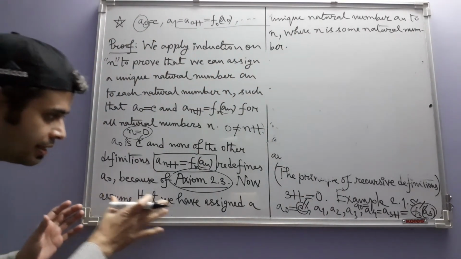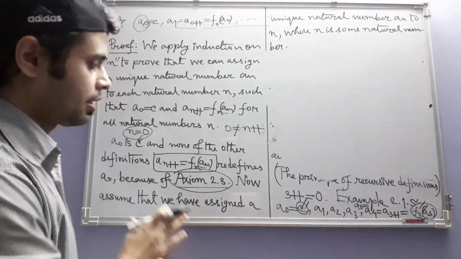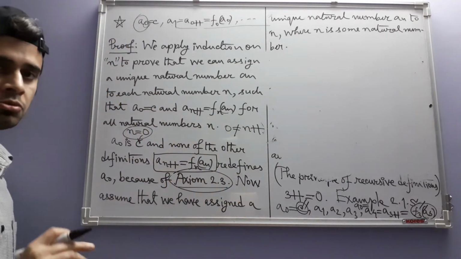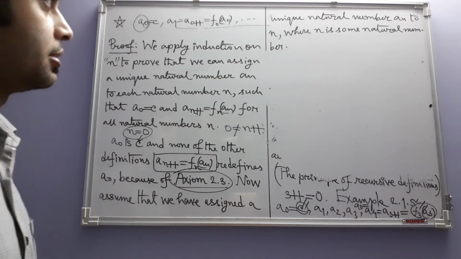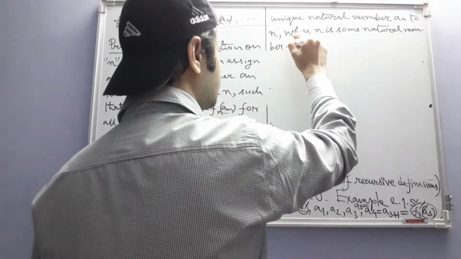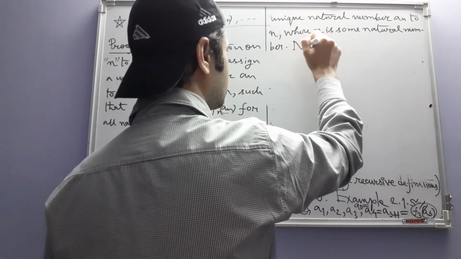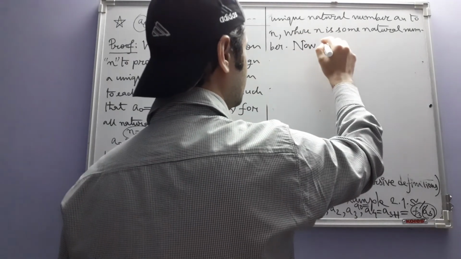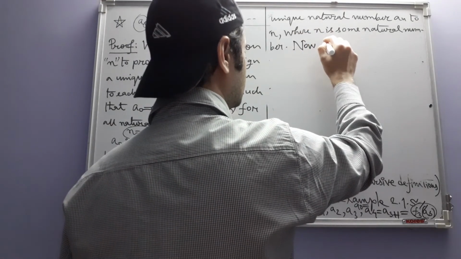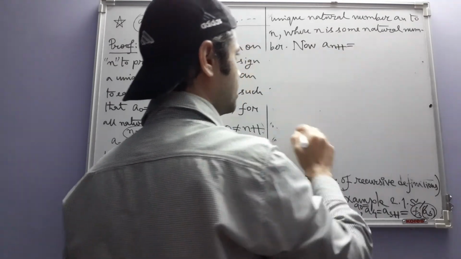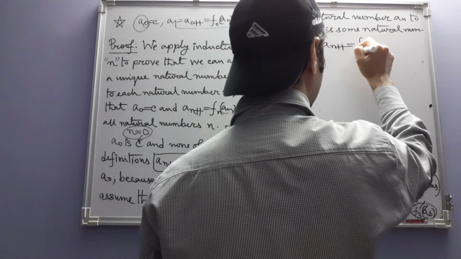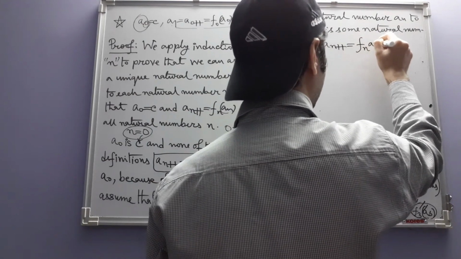So this is my induction hypothesis. I have assumed that the result is true for n. Now I have to prove it for n plus plus. Now, a_{n++} is equal to f_n(a_n).